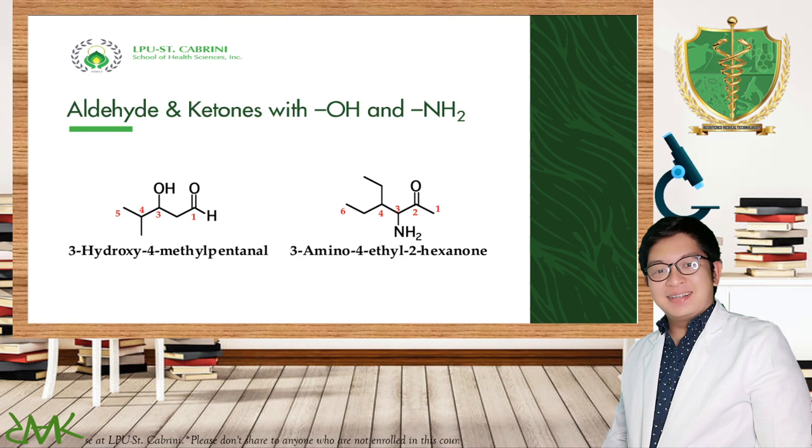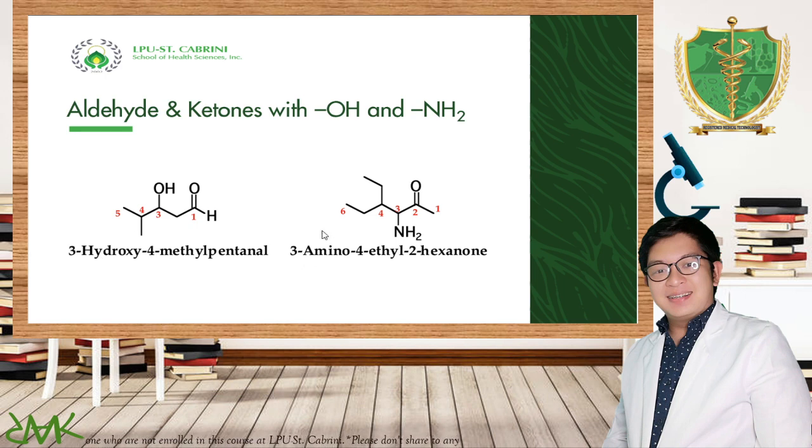Let's say for example this one: carbon 1, 2, 3, 4, 5. We have a hydroxyl group on carbon number 3, and on carbon number 4 we have a methyl group. Again, hydroxyl group is inferior to our aldehyde or carbonyl group. Therefore, this will be our parent chain. So, 3-hydroxy-4-methylpentanal.